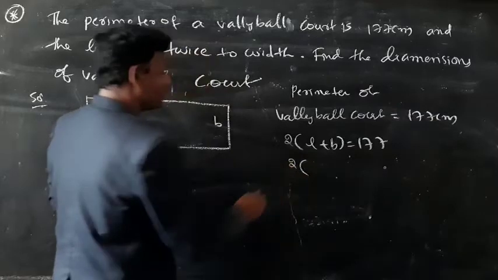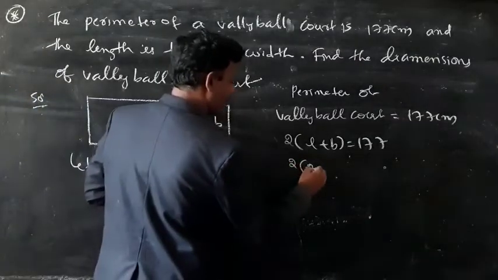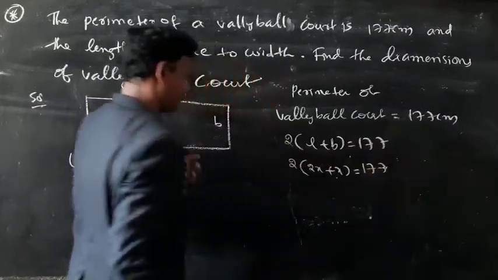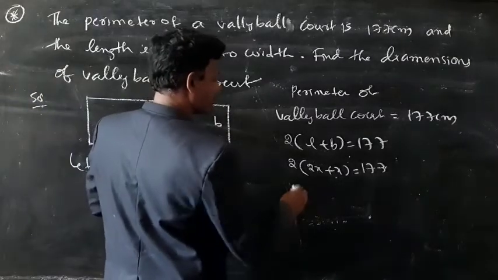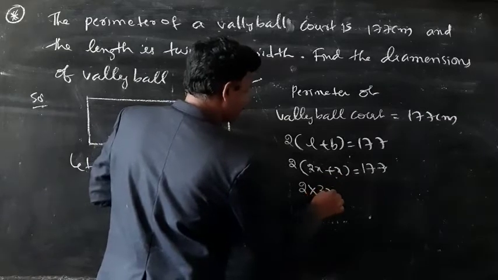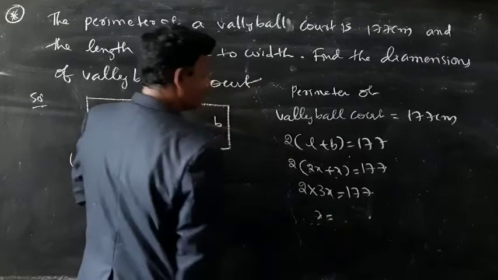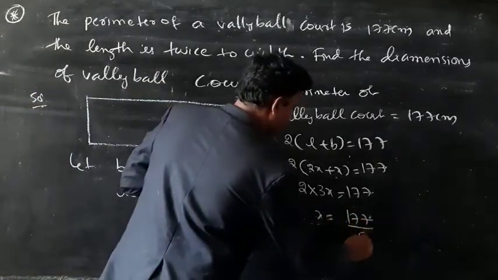Here, what is the value of the length? Length is nothing but 2x, plus x is equal to 177. So 2 into 3x is equal to 177. Then x is equal to 177 by 6.